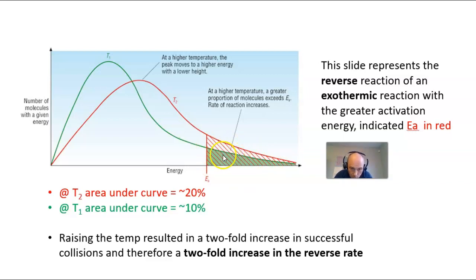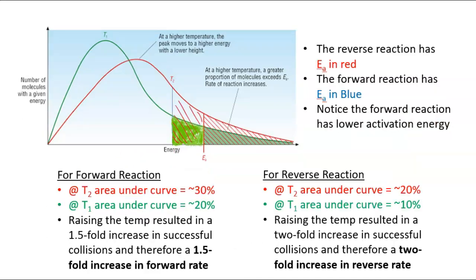Based on those estimations, that suggests that at this higher temperature, with 20% of collisions being successful versus 10%, that would result in a twofold increase in the rate. Under this set of arbitrary conditions, raising the temperature would increase the reverse rate twofold due to the percentage of molecules under the curves increasing by a twofold increase.